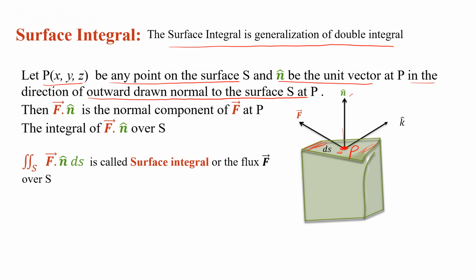Then the vector F dot unit normal n is the normal component of the vector F at that point P. Then the integration of F dot n cap over the surface S is written as the double integral of F dot n dS, and this is called the surface integral, or sometimes the flux of the vector F over the surface S.